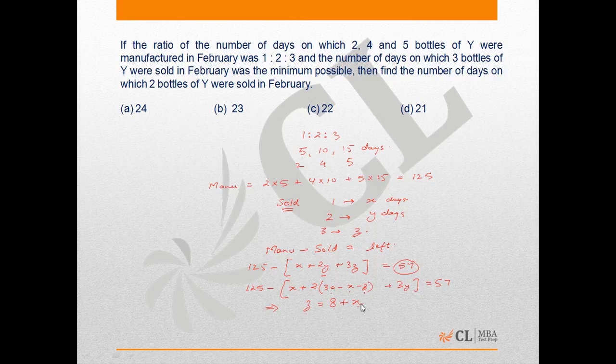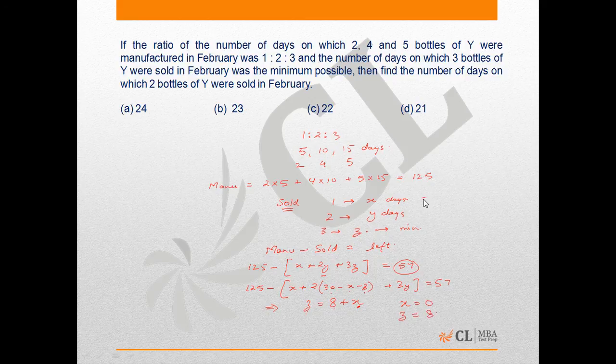Now the question says that the number of days on which 3 bottles of Y were sold was the minimum possible. That means the value of Z is minimum. Now to minimize the value of Z, we have to minimize the value of X here. So the minimum value of X will be 0, which will give me the minimum value of Z as 8.